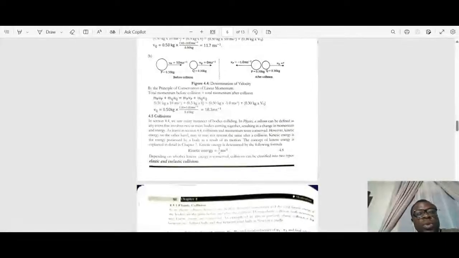So, better emphasis here is always the calculation aspect of the collision. They will mention that momentum is a product of mass and its velocity.